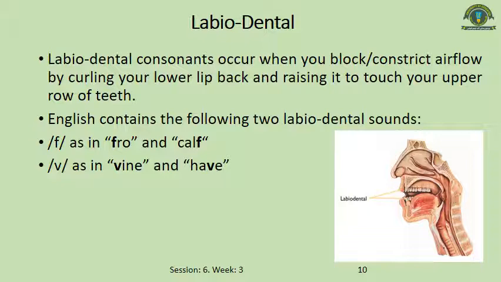And the outcome is F, V. Father, family. V, village, very. So many other words are there. You just try to pronounce them and then try to record your voice. This is the best practice, okay?